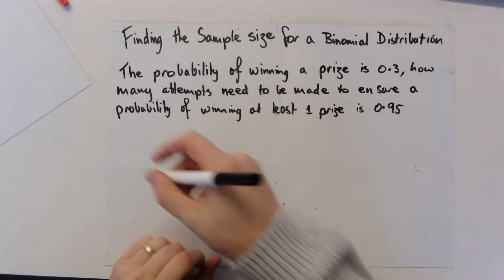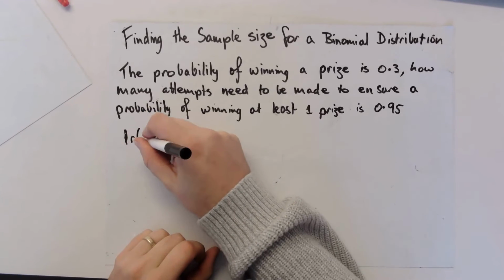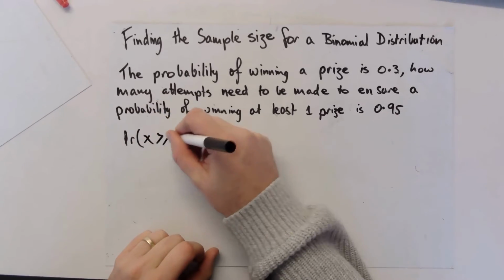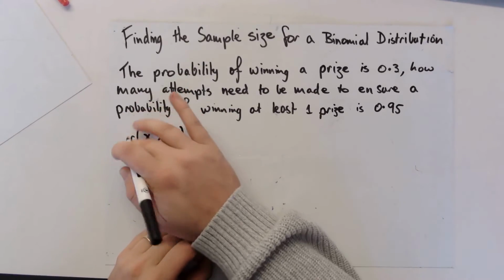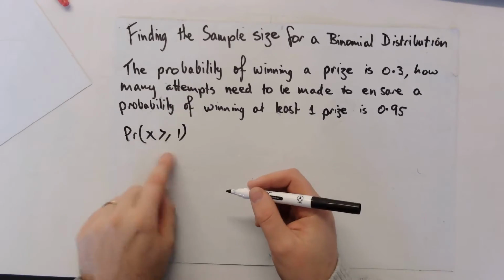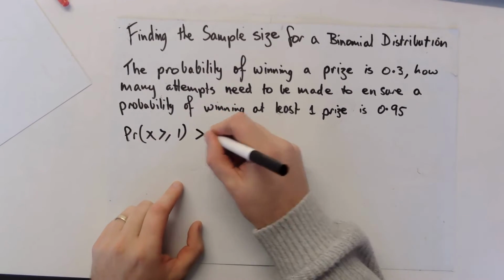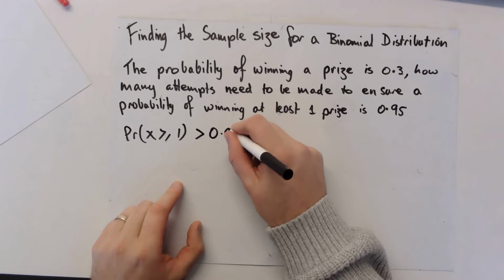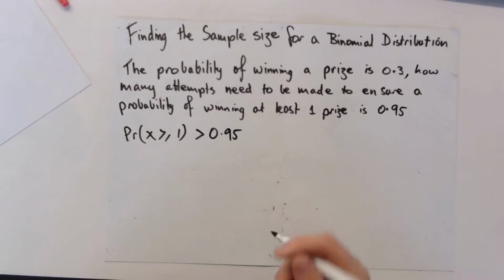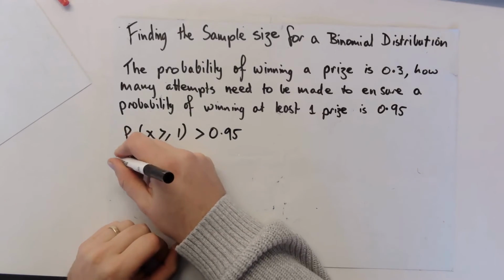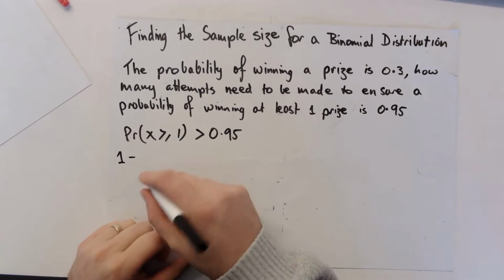Okay, so what we need to think about is the probability that x is greater than or equal to 1. That's our winning at least one prize, and we want that probability to be greater than 0.95. The easiest way to think about this is that the alternative is not winning a prize.